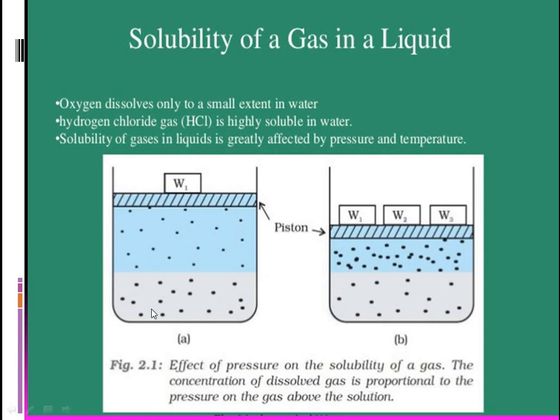Simply, here we have one chamber in which we have a liquid, a gas, and one piston. W1 is the piston weight which pressurizes the gas. This weight is not that much, so the gas does not get into the liquid as much as it does here. Here we have a heavier weight, so more gas will get into the liquid, and this level decreases in comparison to the other chamber.